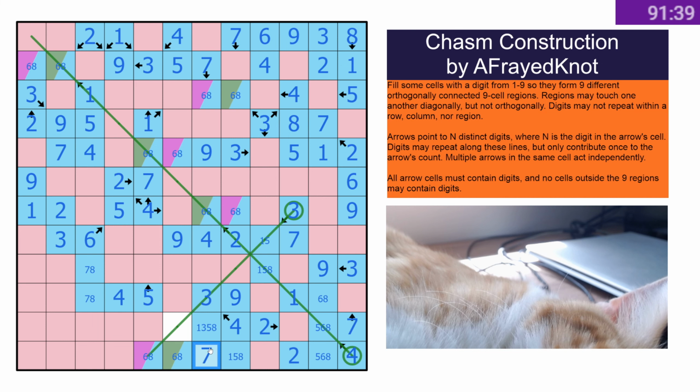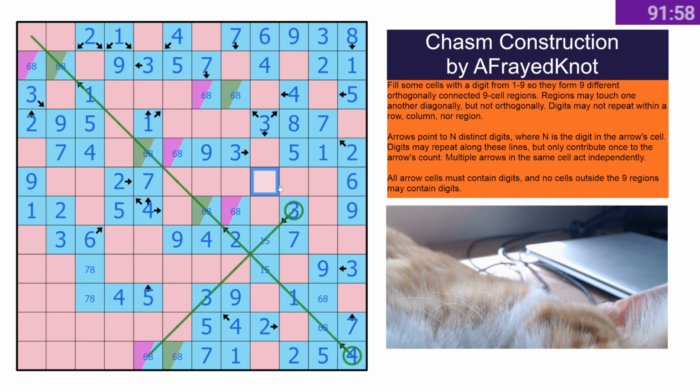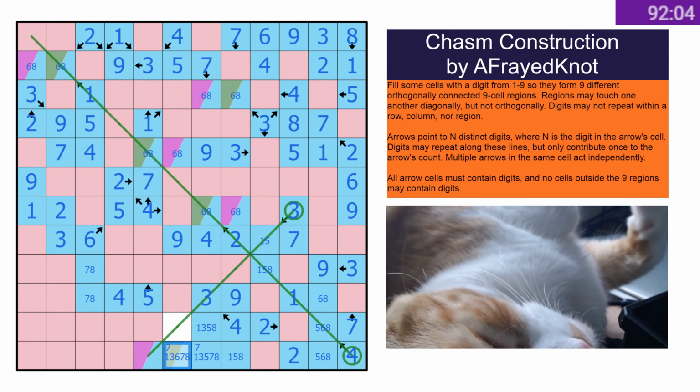6, 8, 6, 8, 7, 8. That's therefore 5, 5, 1. Because what I'm struggling to see is this correct, by the way? I've got 2. How long has that 7 been there?